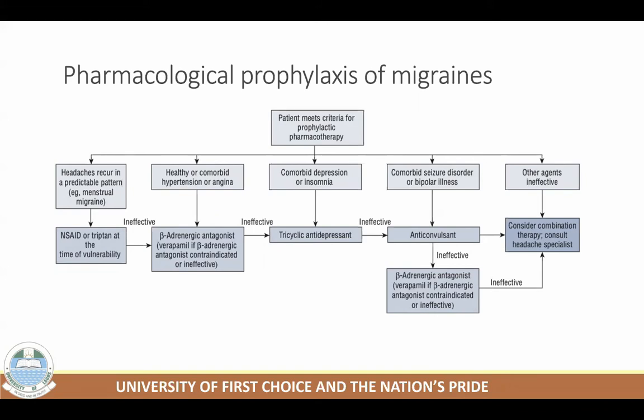This is important. Prophylaxis can help those kinds of people to avoid neurological injury and limit the number of attacks they are exposed to.